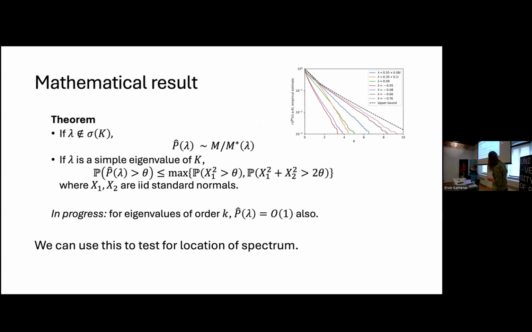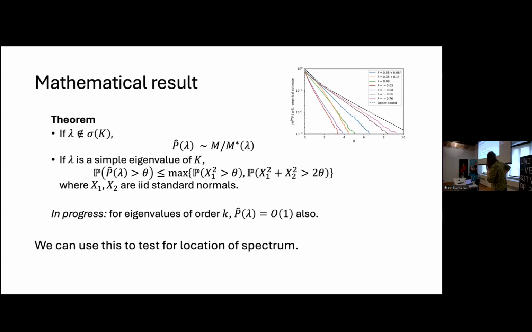If we take some complex lambda that is not in the spectrum of our infinite data EDMD matrix, and we take our finite data approximation, which we can compute from finite data, then as we increase m, this thing is going to keep growing linearly in m. What's nice is that this constant out the front, m star lambda, tells you how much data you need to confidently and reliably see that this is not an eigenvalue of your data-driven operator.